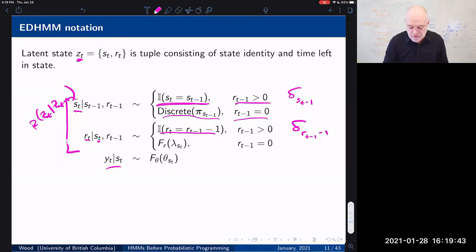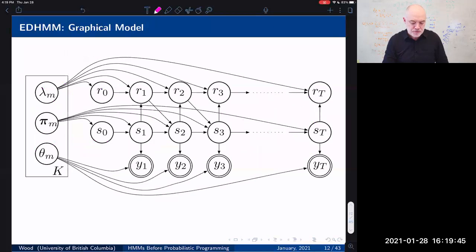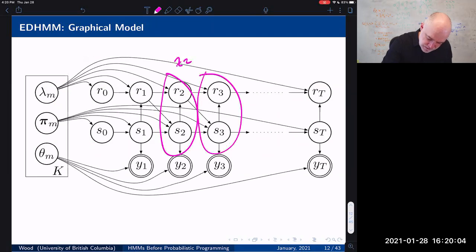Whatever state you're in, there's some observation. So the graphical model looks like this. Same kind of thing, still an HMM. And this is where I want to get you thinking: the latent state can be some very complex thing that transitions in a super complex way, and there's some observation. So this is Z2, and this is Z3, and the Markov structure of the graphical model is maintained.